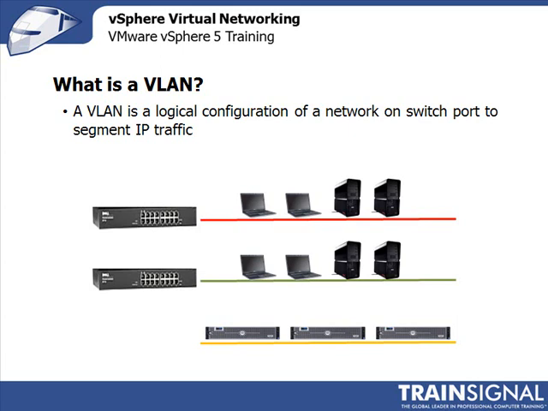The power of VLANs is it gives you the opportunity to have multiple networks present on the same physical switch based on ports. You can group ports together. Say ports 1 through 5 belong to VLAN 101, which is my server VLAN. Ports 6 through 10 belong to VLAN 102, which is my printer VLAN, for example.